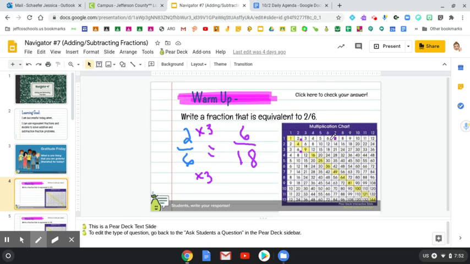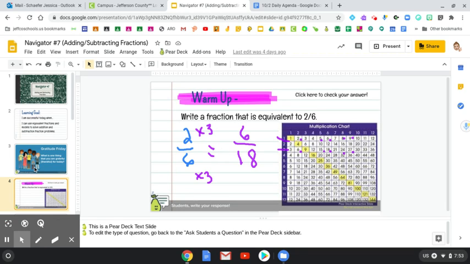So here I see my 6 and my 18. They're making the same column or the same row as I look across as the 2 and the 6 were. Any of those front numbers, 5/15 could have worked, 8/24 could have worked, 9/27 could have worked. That's how multiplication charts are super helpful when you're trying to deal with equivalent fractions.